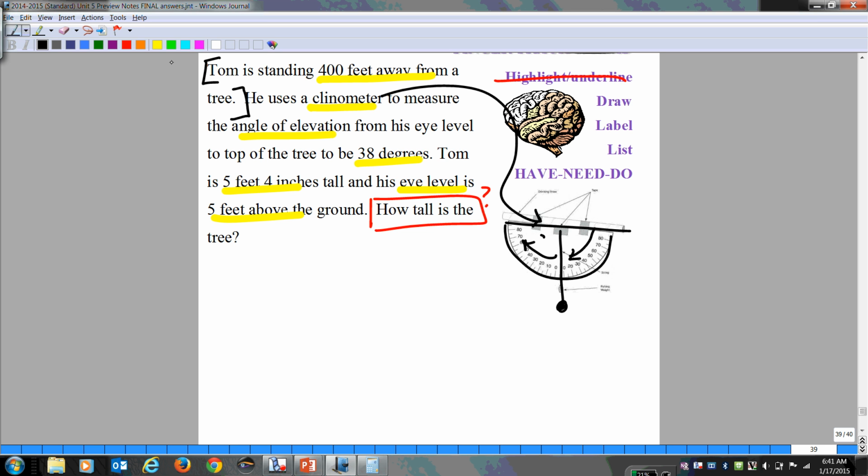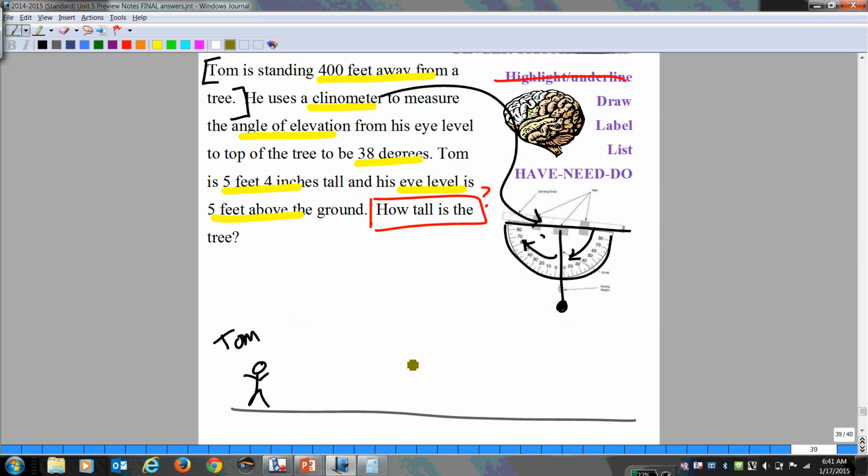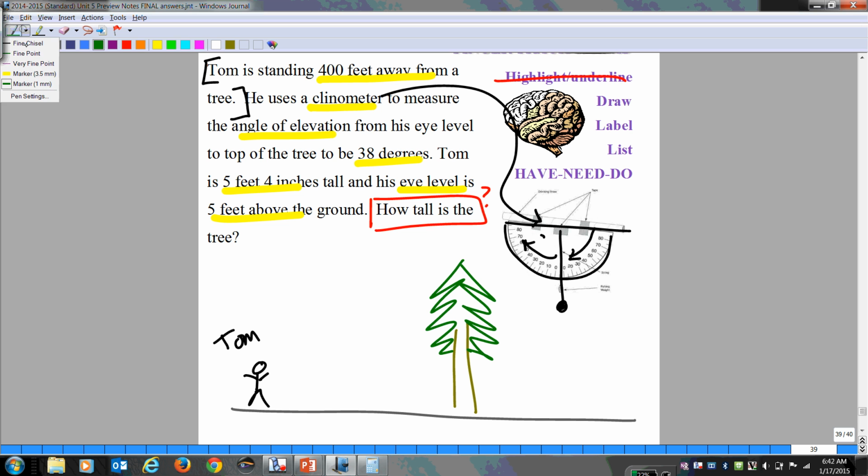So we have some ground, and we have Tom. And we have a tree. All right, now notice as I draw, I cross it out.